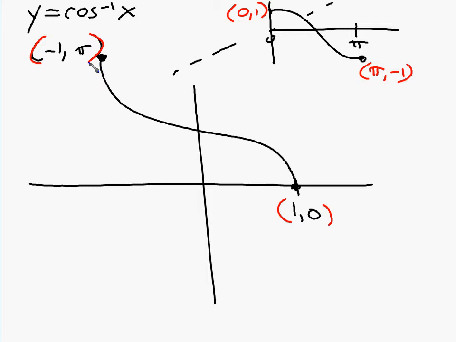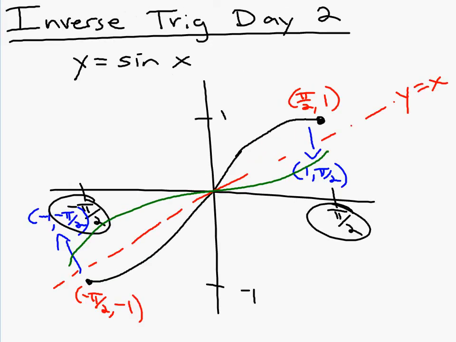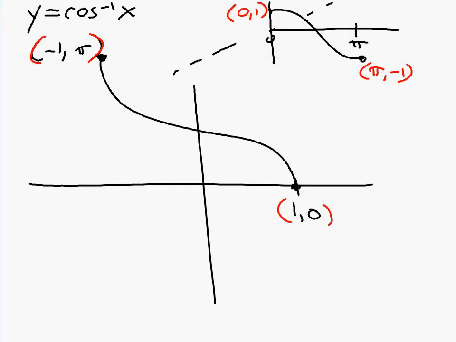Now, what is more important, though, at this point is understanding something for evaluating. Okay? Let's come back to our sine function where we cut it off. We cut it off, everybody watch, I'm going to use a new color, we cut it off from negative pi halves to positive pi halves. We restricted the domain. Now let's think of that in terms of our quadrants.